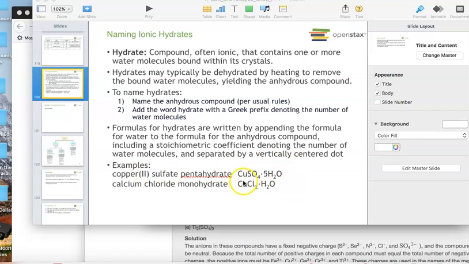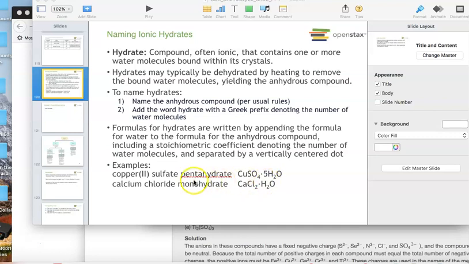So we have copper(II) sulfate. You would name this just like you normally would. Of course, copper is a transition metal, so you have the Roman numeral 2 indicating the charge on the copper atom. And then sulfate is a polyatomic ion, SO4. The vertically centered dot means that these 5 water molecules are complexed with every copper(II) sulfate molecule.